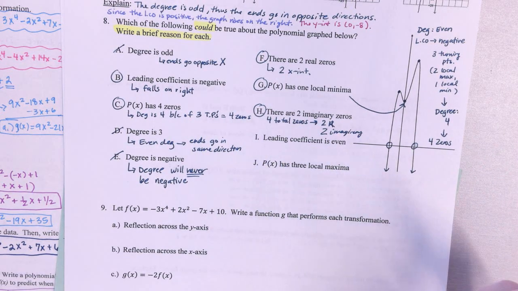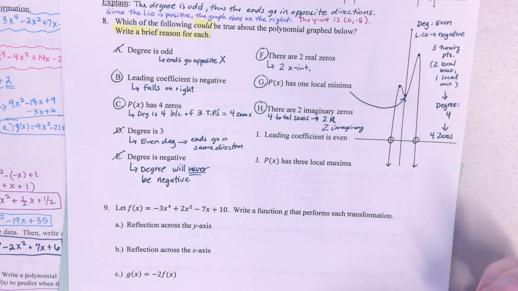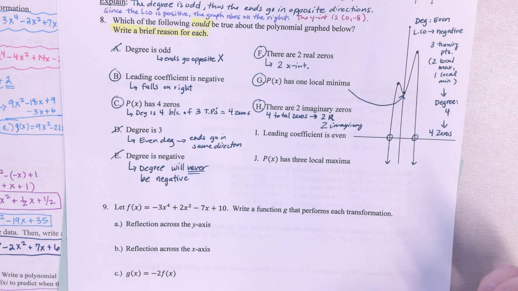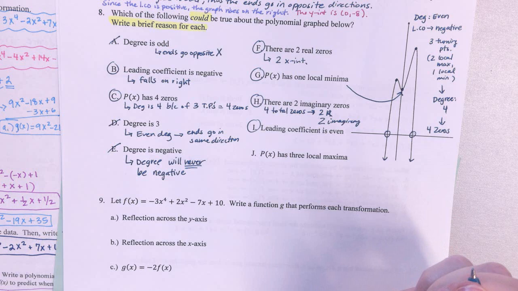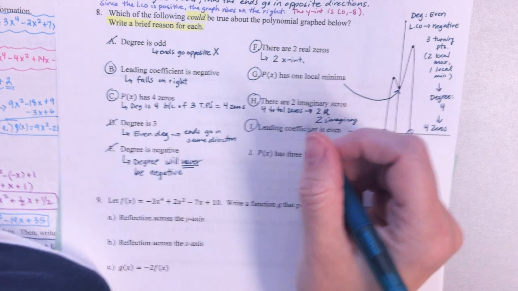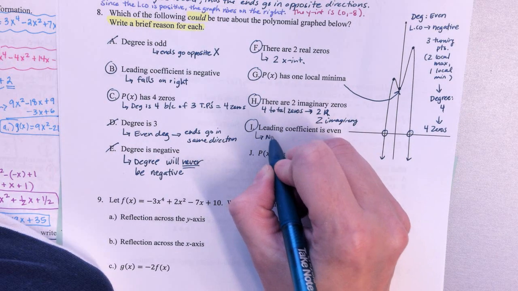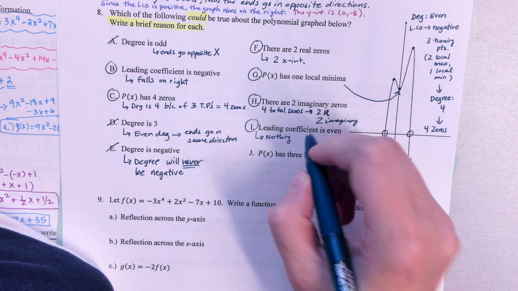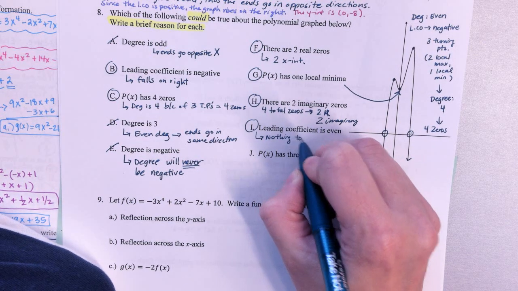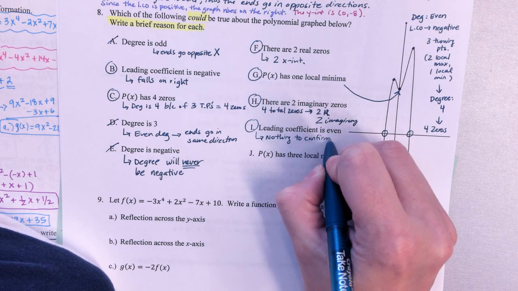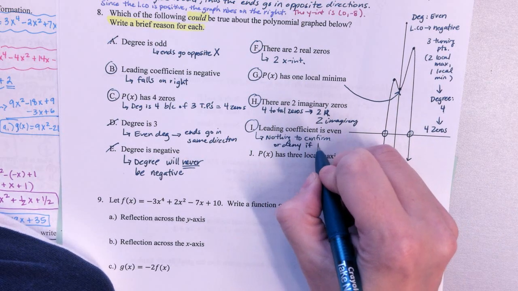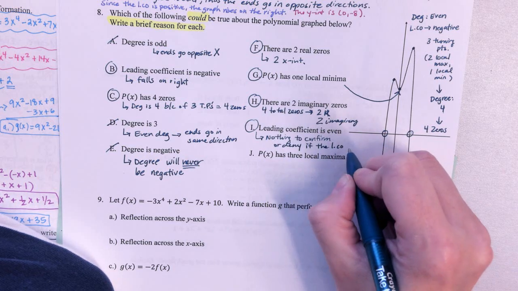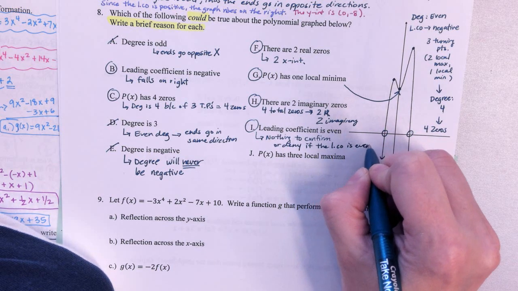All right, the leading coefficient is even. Could be, right? Is there anything that tells us whether the leading coefficient is even or odd? No. Okay, so nothing to confirm or deny if the LC is even or odd.